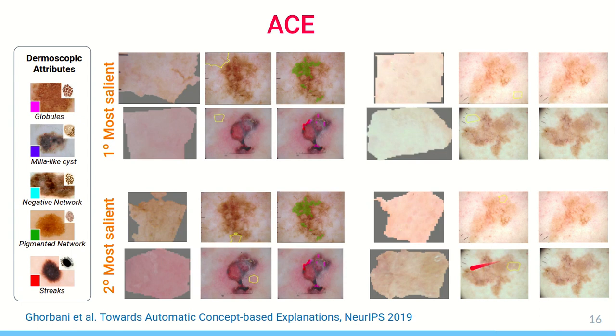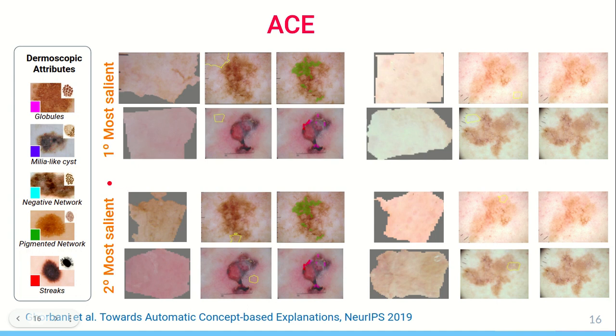Here we have the segments that are the concept examples, the original image it was segmented from, and also we have the image highlighting their dermoscopic attributes, where pink represents globules, blue milia-like cells, sky blue negative network, green represents pigmented network, and red streaks.